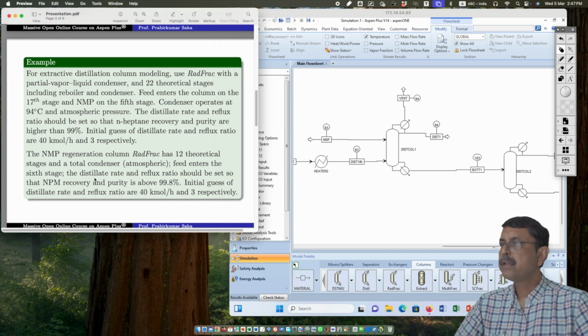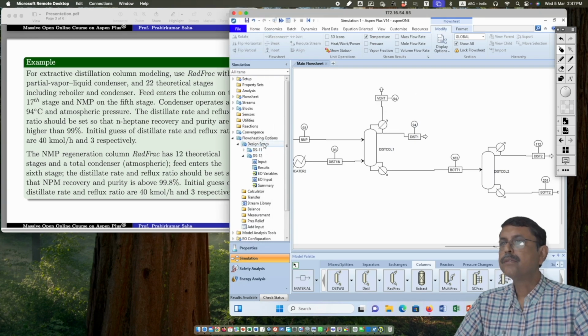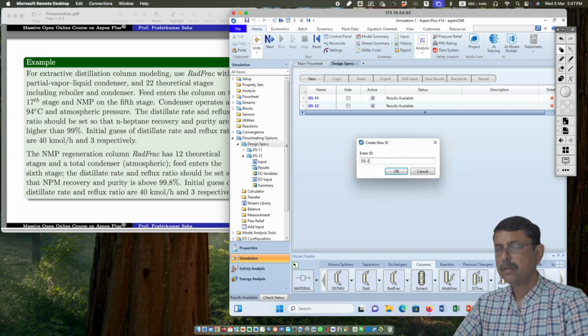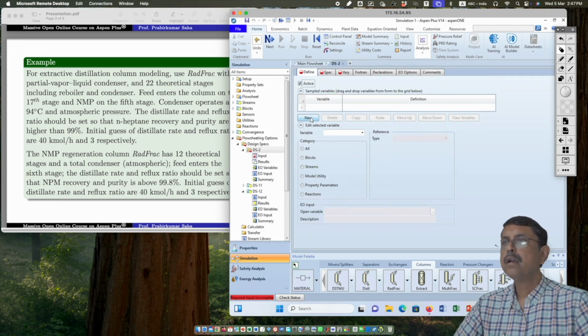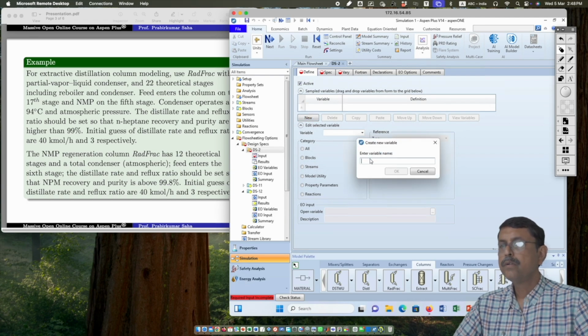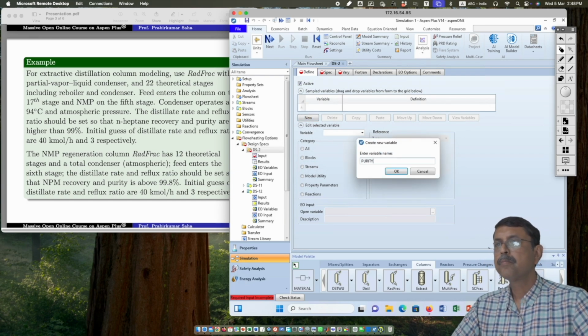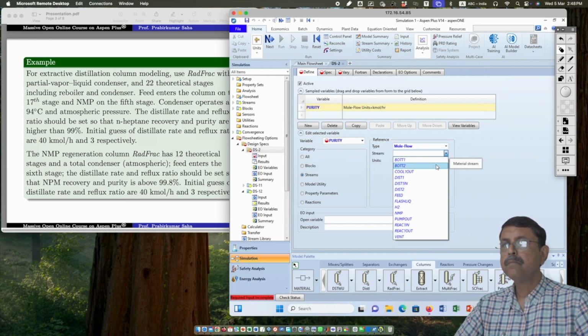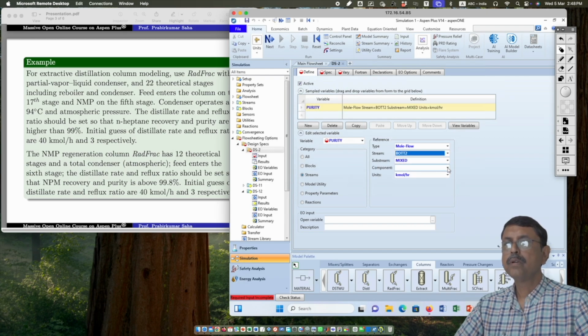Similarly, we have to do the same thing with NMP recovery and purity. So let us do. Okay. So here we define purity as a stream variable of mole fraction of stream bottom 2 of NMP, right?